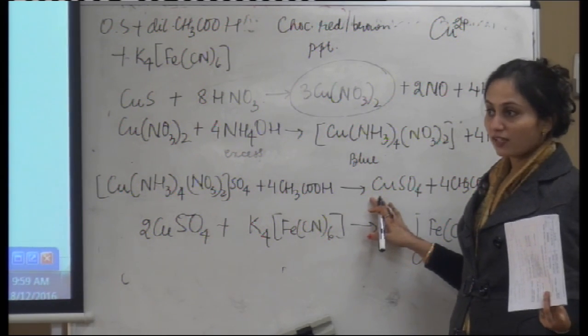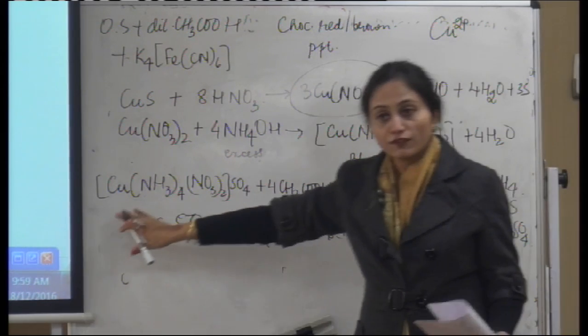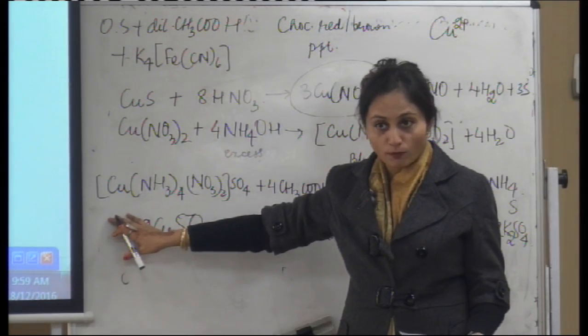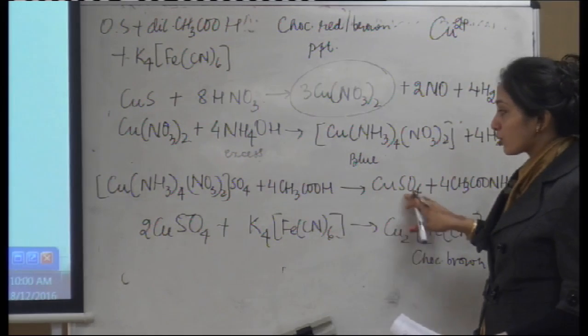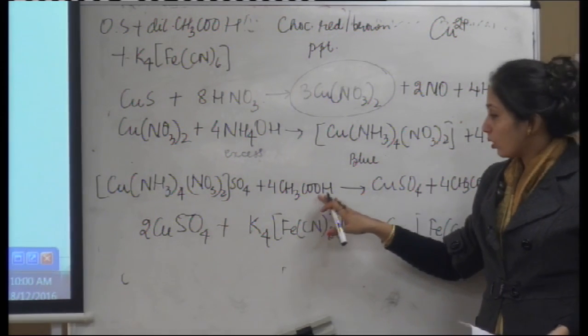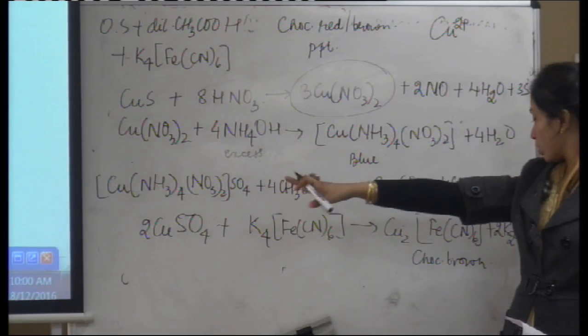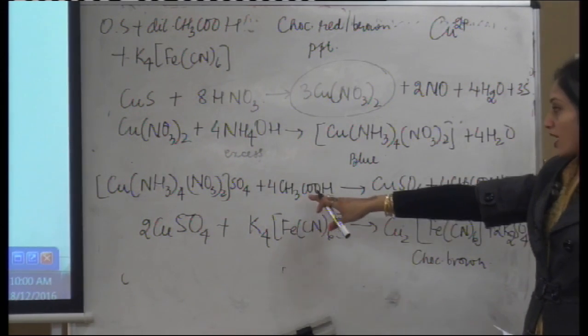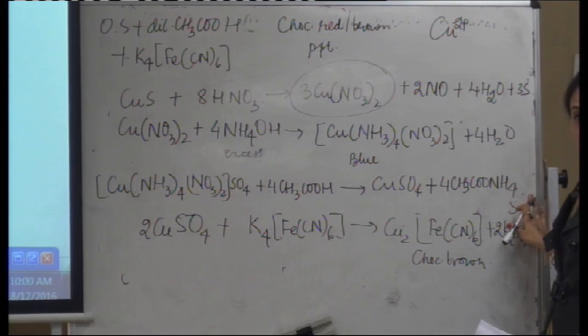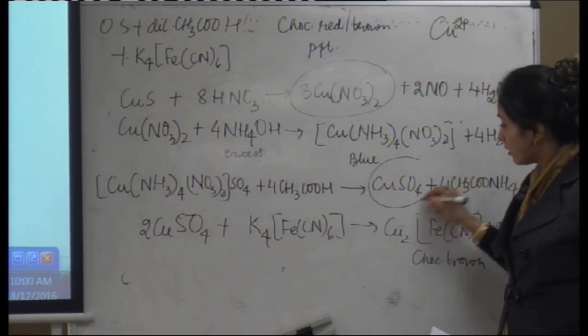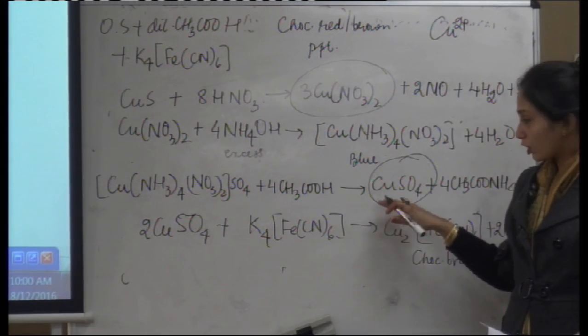Is that making sense? Even if your Cu was in the complexed form, it will get extracted out using the acetic acid. So your CuSO4 comes out, and whatever ions are associated with it will also come out. There can be other gases too that I have not put, but your main focus should be on this. So your copper has come out.